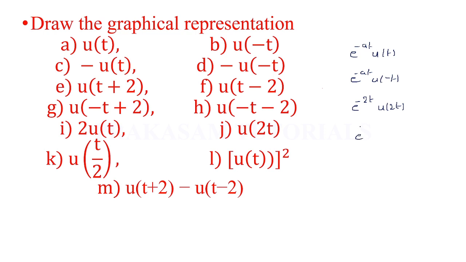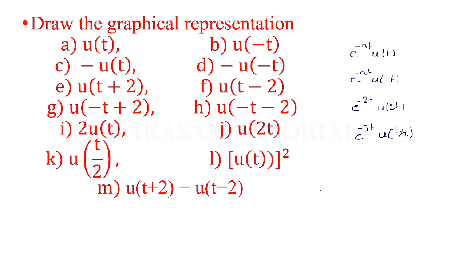Find the Fourier transform of e power minus 3t u of t by 2. Similarly in Laplace transform they are asking to find the Laplace transform of e power minus at u of t, Laplace transform of e power minus at u of minus t, Laplace transform of e power minus 2t u of 2t. So like that.